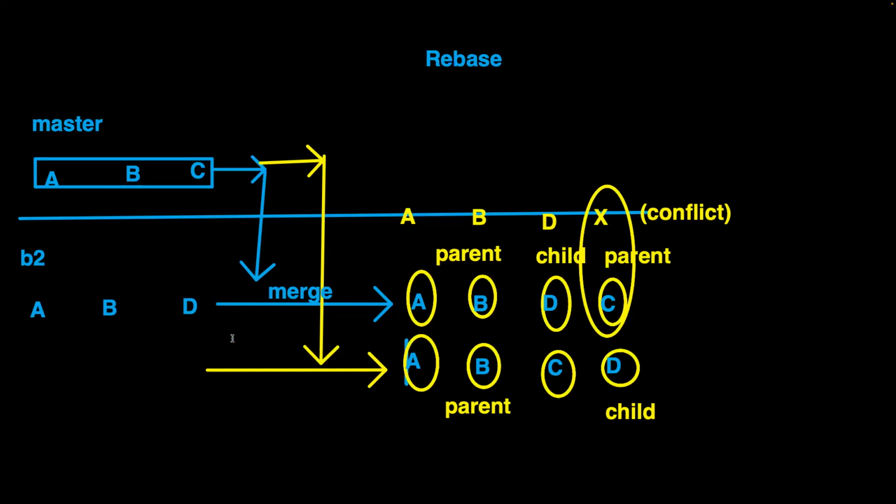Again, the functionality is the same: it's bringing changes from master to B2. But the log history is rewritten, which is called rebase. Rebase is also a kind of merge, which rewrites the log history. Why do you need to rewrite? To have a clean, linear log history. That's where you will see rebase.